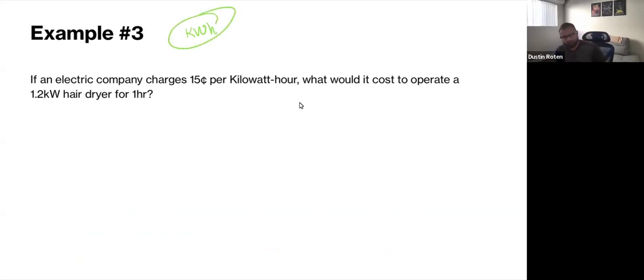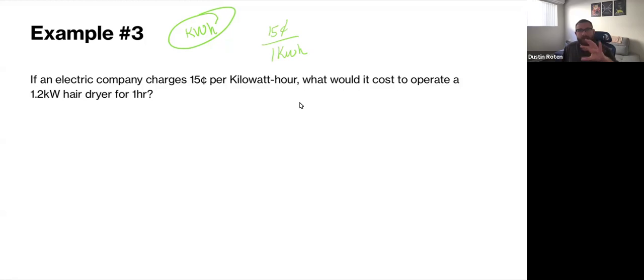Let's look at this example and then we'll stop there. If an electric company charges 15 cents per kilowatt hour, what would it cost to operate a 1.2 kilowatt hair dryer for 1 hour?